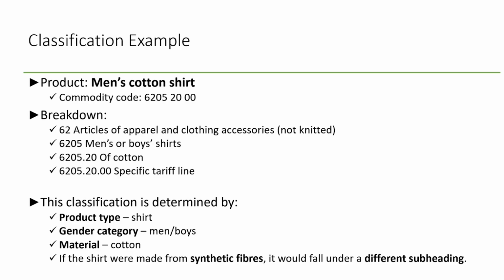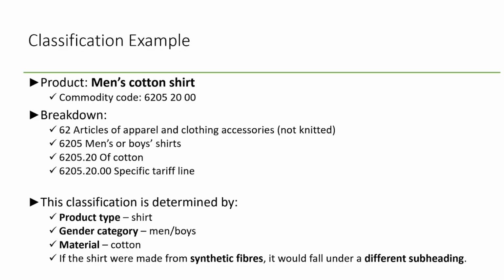So when you're classifying goods, if you choose a classification that is correct at a surface level, but there's another classification within the tariff, and remember there's over 10,000 commodity codes, that more specifically matches your product, you're choosing the wrong commodity code. You have to choose the one which most specifically matches your product.